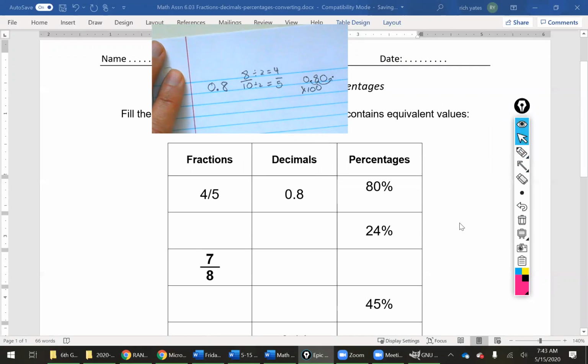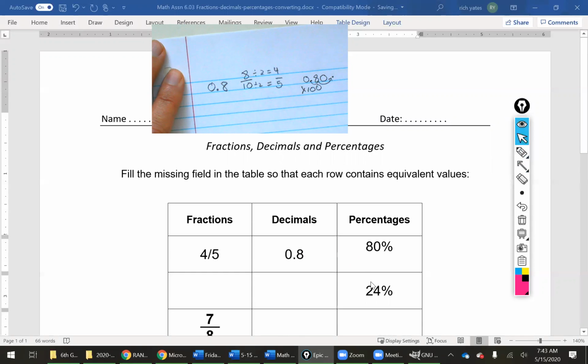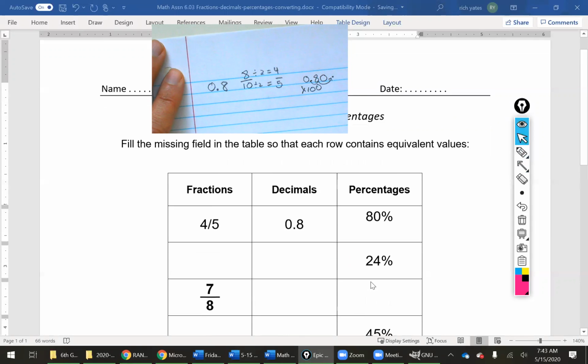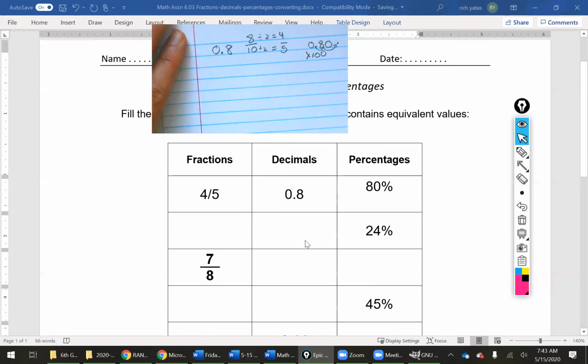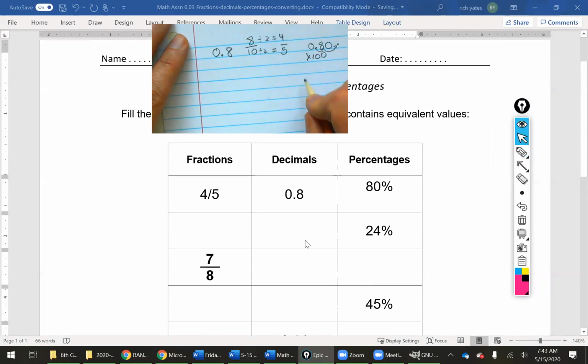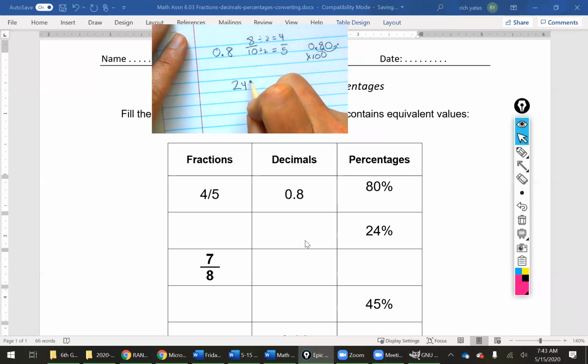Now, the next one we have to work with is our percentage, 24%, but we don't have the decimal and we don't have the fraction. So we're going to move that 24% into a decimal. Mostly what we do is we take off the percent sign, and now we have 24.